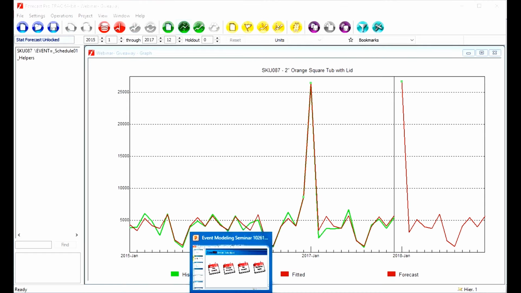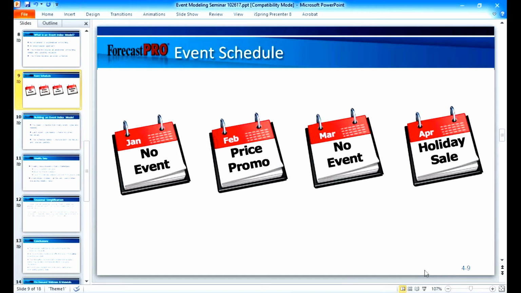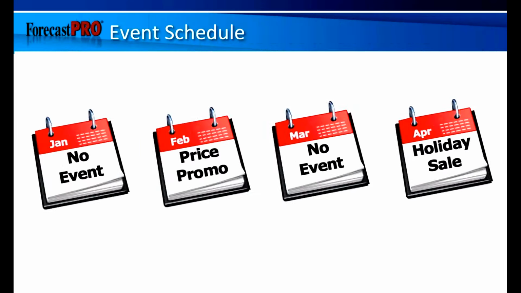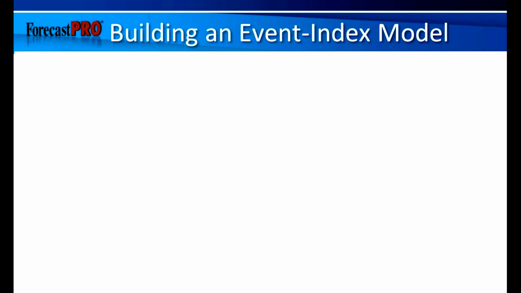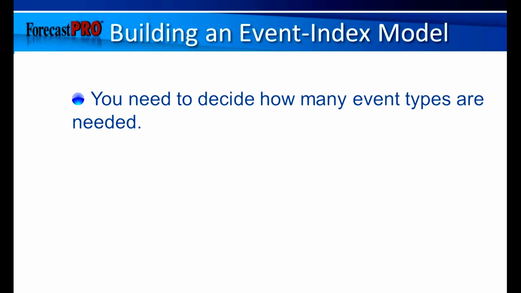So let's jump back to the slides briefly. And so let's just talk a little bit more about what we need to consider when we're building an event model. One of the things that we had to do is decide how many event types we were going to use. In the case of this giveaway example, it made sense to use two event types because the size of the spikes were very different, and there was a logical reason why they were very different.